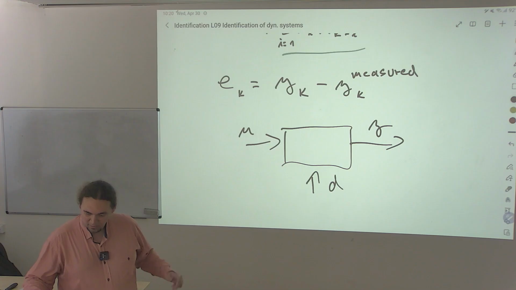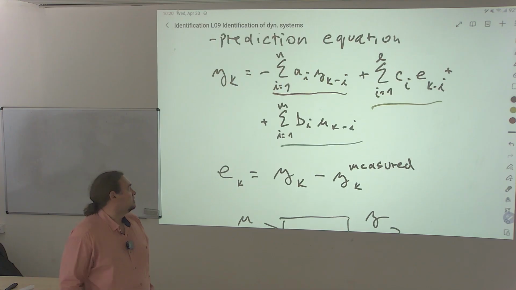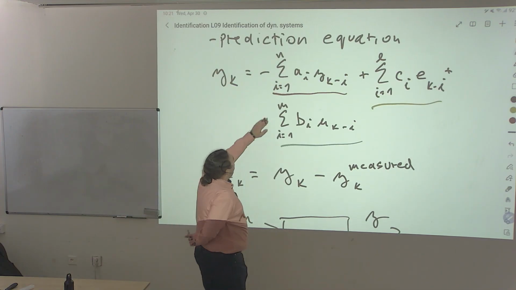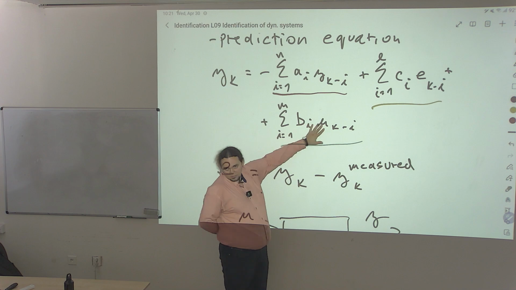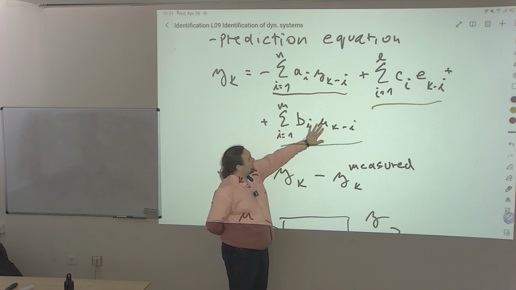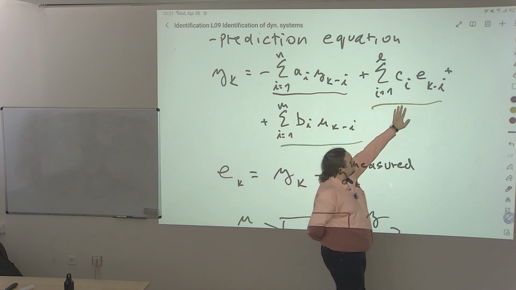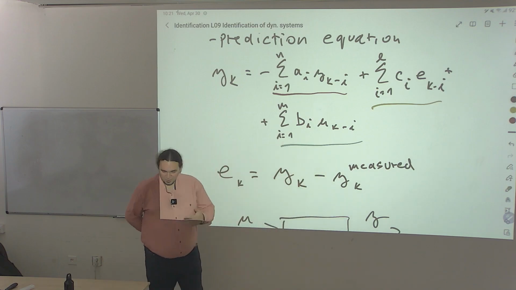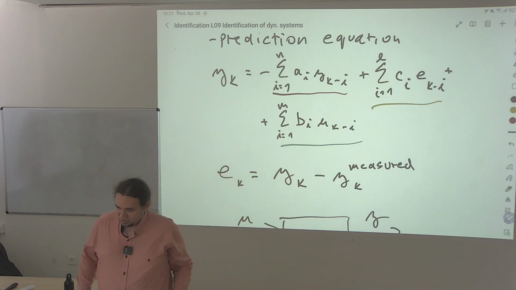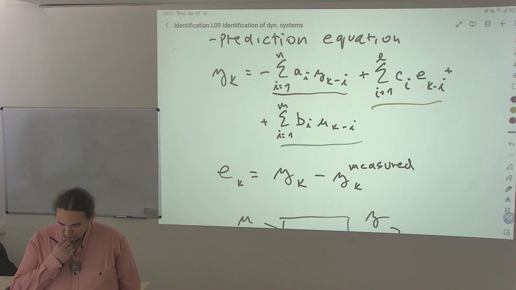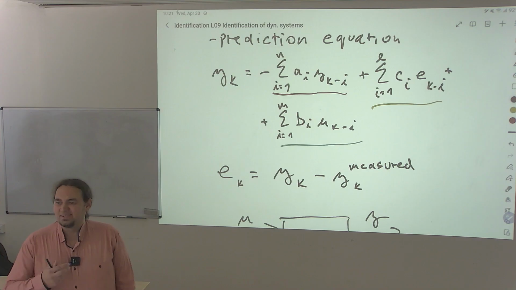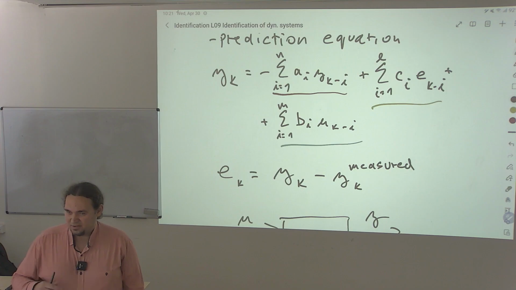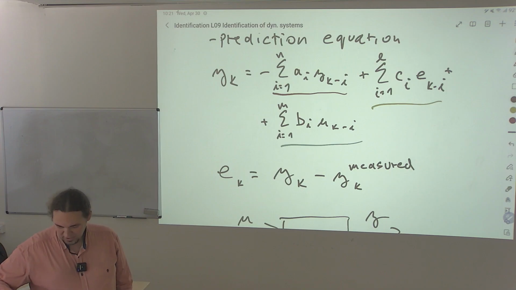You are basically saying, okay, the coefficients A and B, you are learning the true dynamics of the plant, and this part, coefficient C, is responsible for taking into account the errors, let's say the systematic errors in the data.